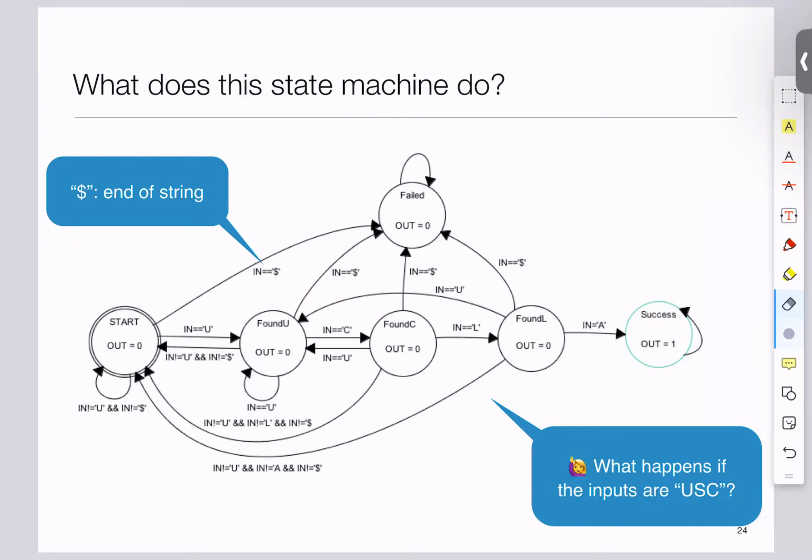Anyone who knows regular expressions, how would you write a pattern to detect UCLA occurring in a string? Anyone else want to try? I give you a string and say it should match where there is UCLA occurring within the string.